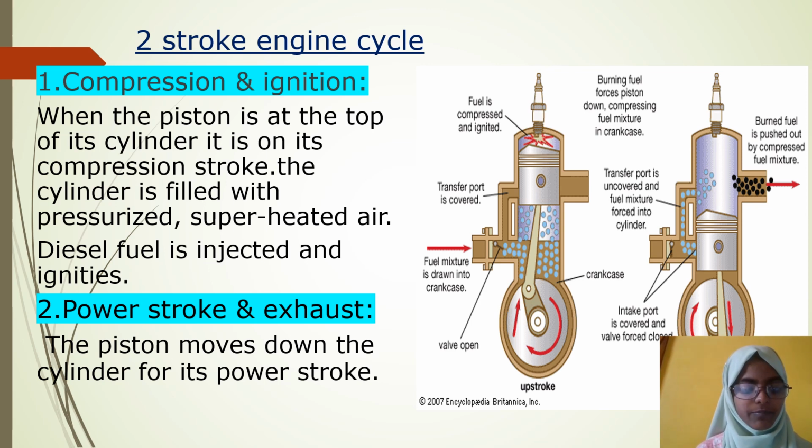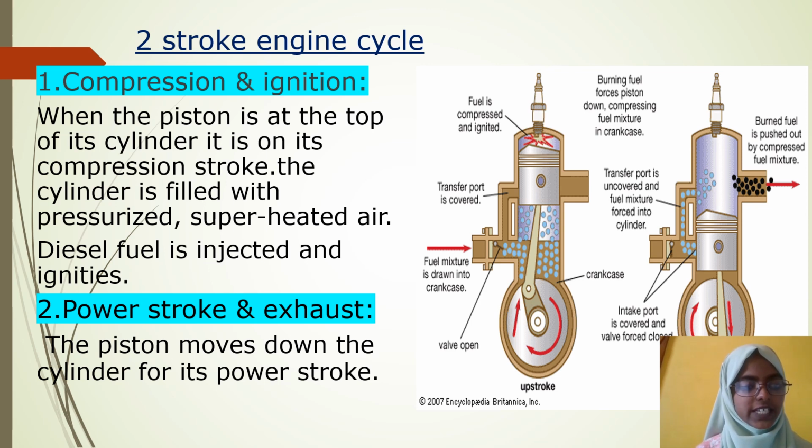By this diagram we know that the two-stroke engine has two parts. One is compression and ignition, also known as the upstroke, and the other is power stroke and exhaust, also known as the downstroke. First, compression and ignition.